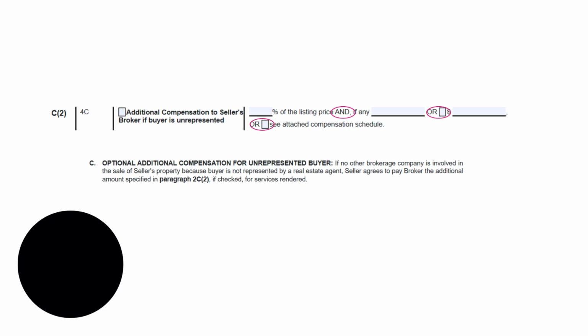If the offer that the unrepresented buyer submits is really poorly written, the listing agent obviously is going to connect with the seller, and together you are going to decide what the seller wants the listing agent to do. Right now we foresee about 3 options, and that is, does the seller even want to respond?